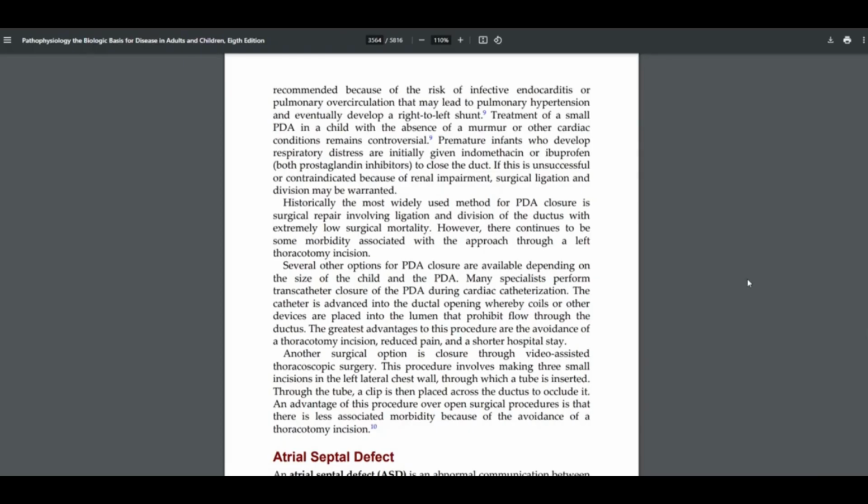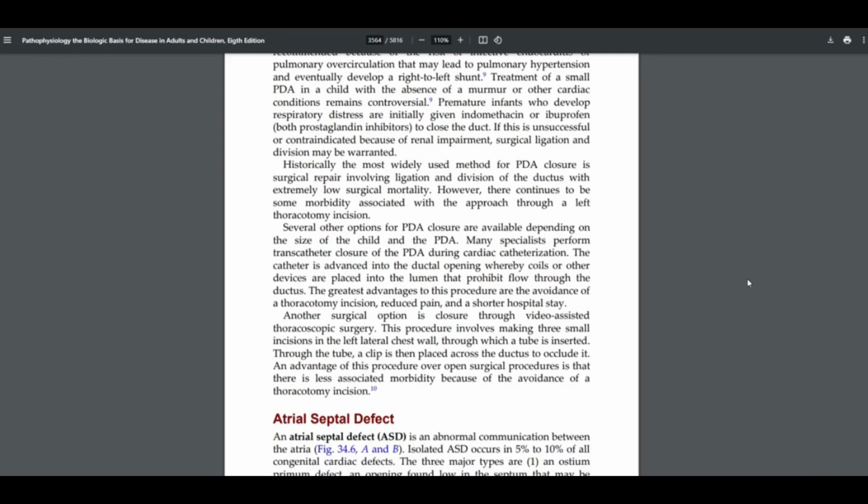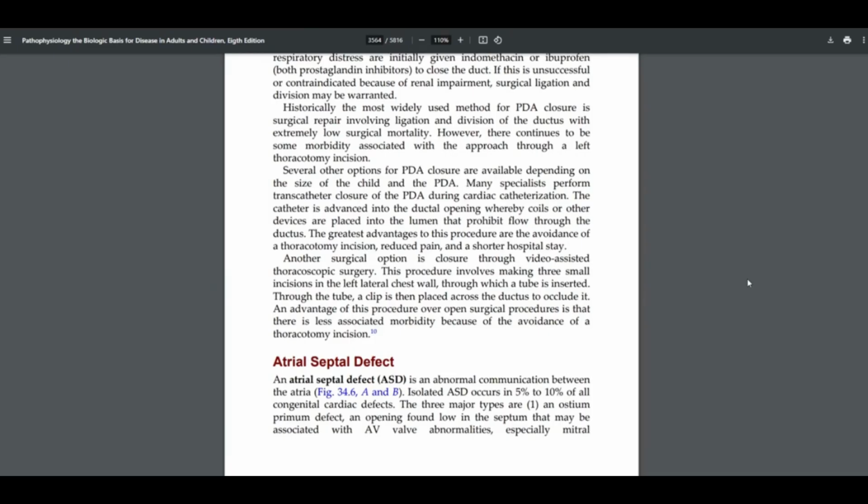The catheter is advanced into the ductal opening, whereby coils or other devices are placed into the lumen that prohibit flow through the ductus. The greatest advantages to the procedures are the avoidance of a thoracotomy incision, reduced pain, and shorter hospital stay. Another surgical option is closure through video-assisted thoracoscopic surgery.